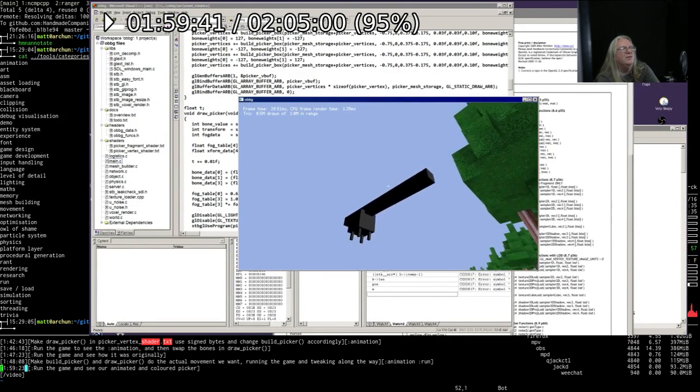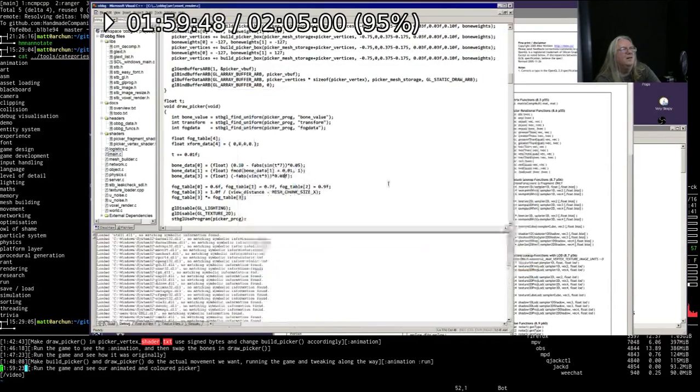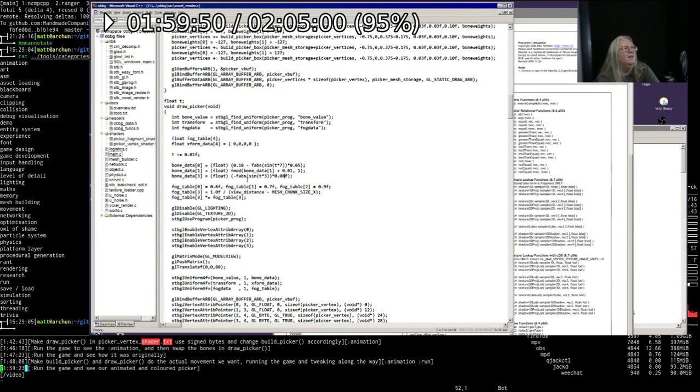The teeth should go all the way out to the edge. They don't. Which one is the teeth function? This one. Yeah, I don't actually want to indicate that.